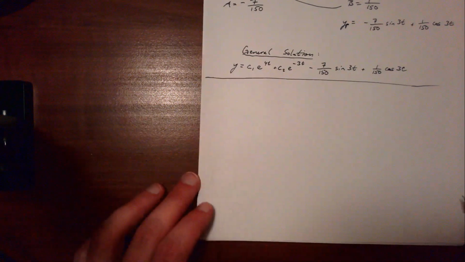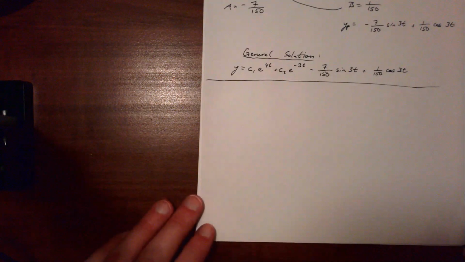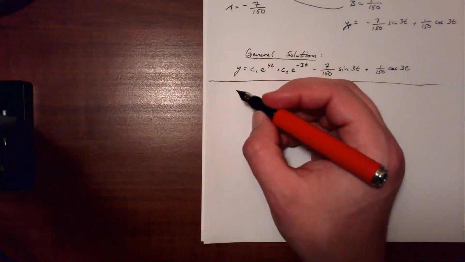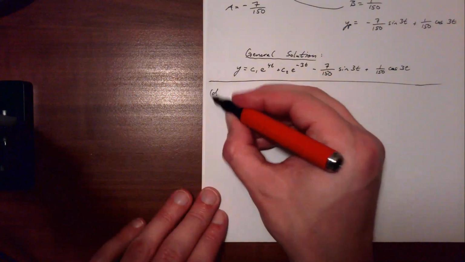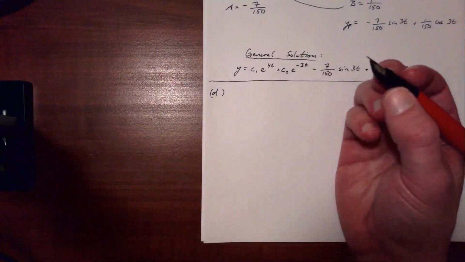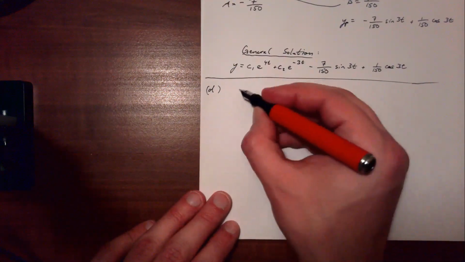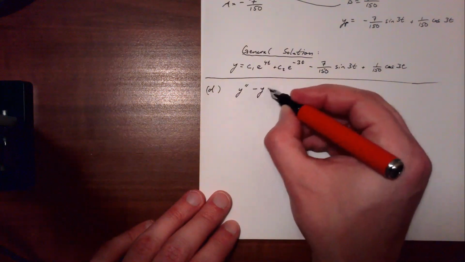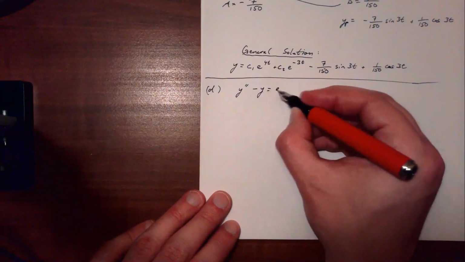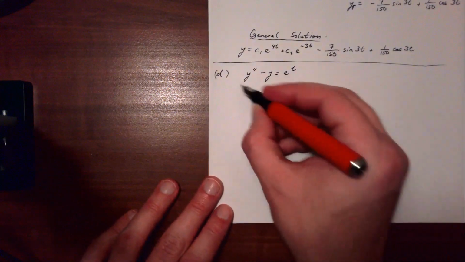So let's take a look at some cases now of duplication. So this was example C, so now example D, where we're going to get our first taste of what happens when we get duplicate terms. So this is going to be y double prime minus y equals e to the t. This is relatively simple looking, but let's just see what happens.